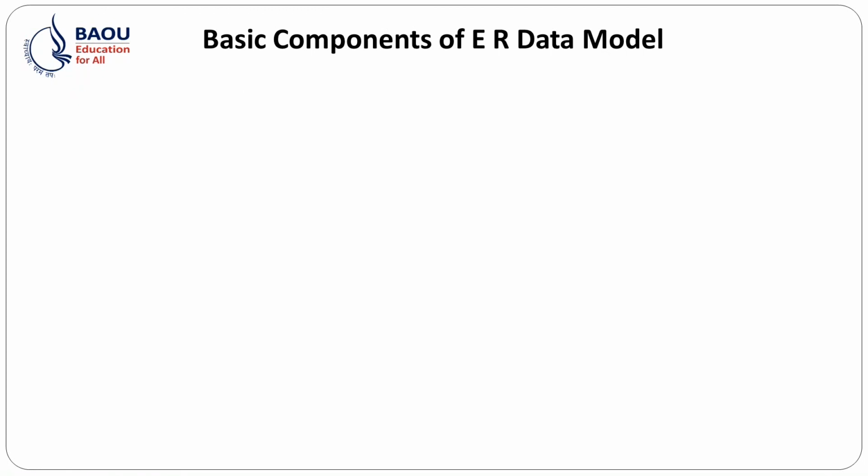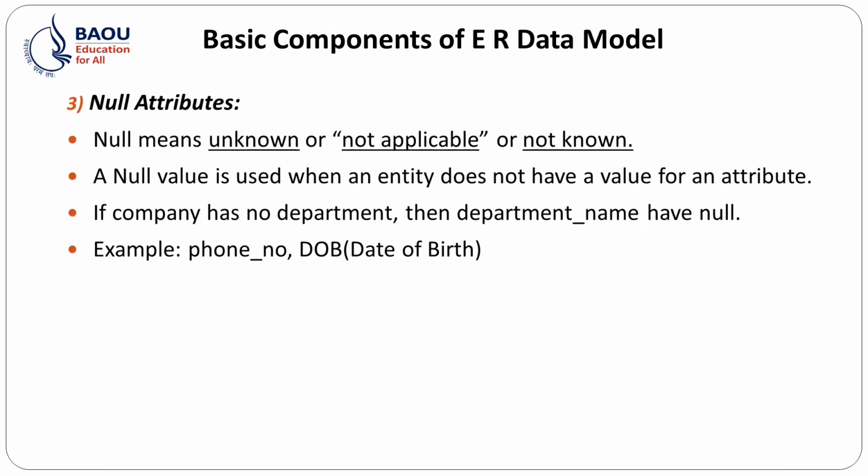Now the next is null attributes and not null attributes. Now what is null attributes? Null means unknown or not applicable or not known. When we don't know the value of a particular column, then we use the null value.